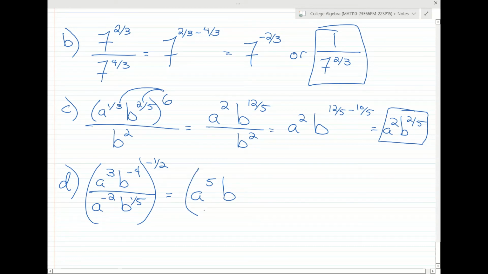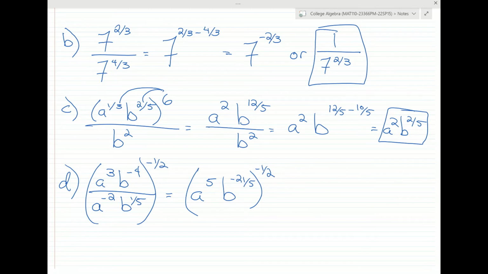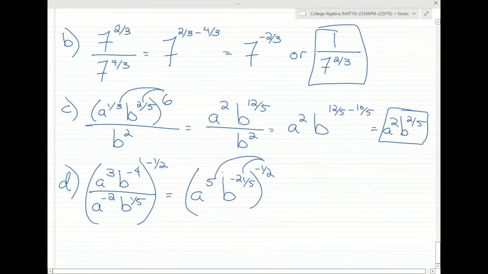Then b: -4 minus 1/5 is -21/5. What we did is we subtracted the powers. Finally we just distribute the -1/2. The a to the -5/2 times b to the 21/10. We just bring the a to the bottom and write b to the 21/10 over a to the 5/2.